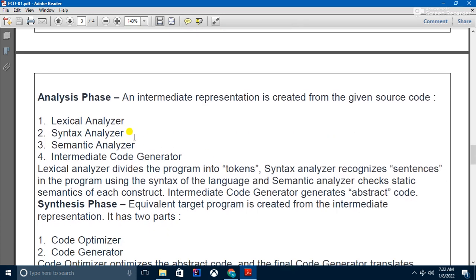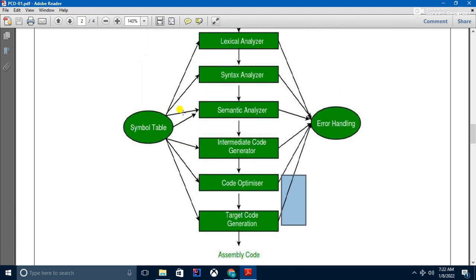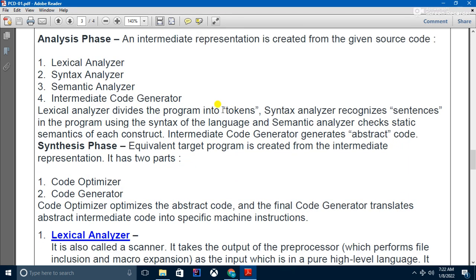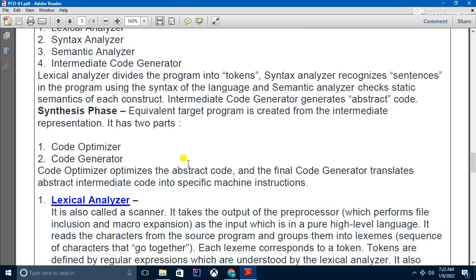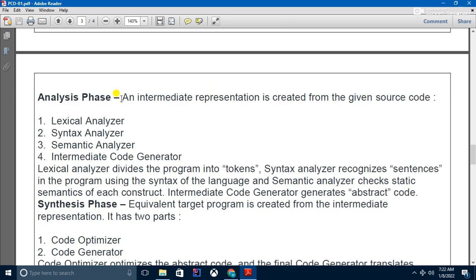After the analysis phase, the intermediary code is produced, and after code optimization, the code generator produces the assembly language program of the high level language program. So in this, the intermediate representation is created from the given source code.